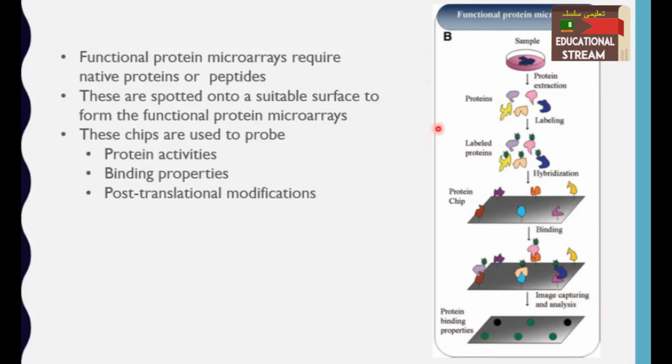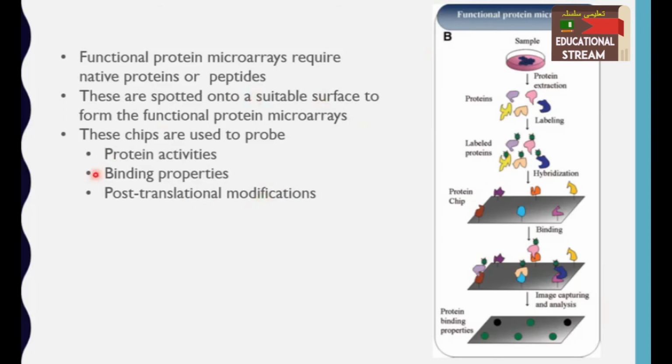After purification, they are spotted onto a suitable surface, and it will form the functional protein microarray. These chips are then used to probe the protein activities, their binding properties, and post-translational modification.